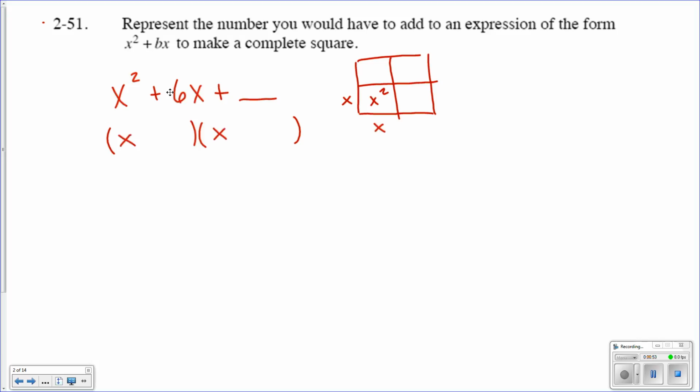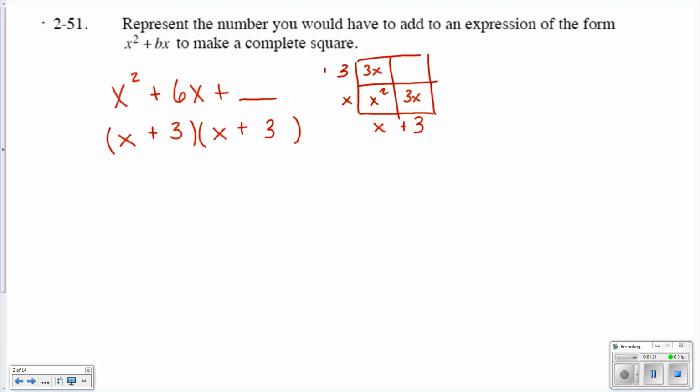And then we would have had 6x. Since this is a perfect square, we would have had 3x's up here and 3x's over here, which means we'd have a 3 here and a 3 here, and they're actually both positive.